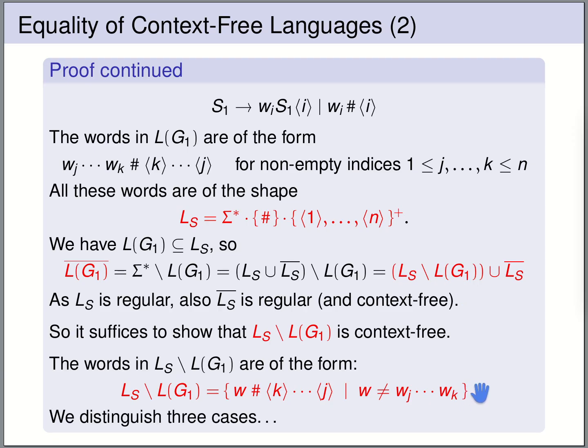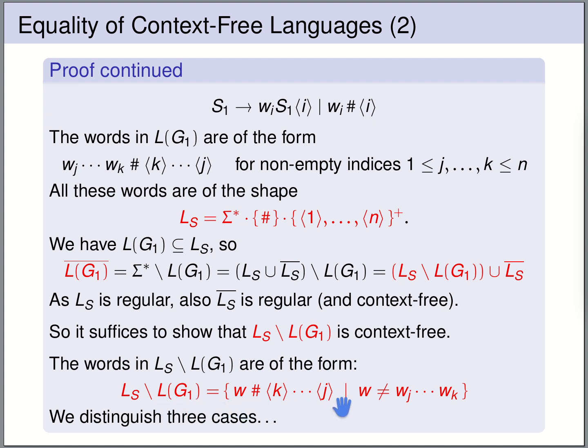So first of all, note that the words in the language Ls minus the language of G1 are of this form. So Ls minus the language of G1 is the set of all words of this form. So we have some word w over sigma star, followed by a hash, followed by some indices. So this is basically the shape of words in Ls. And when are these words not in the language of G1?